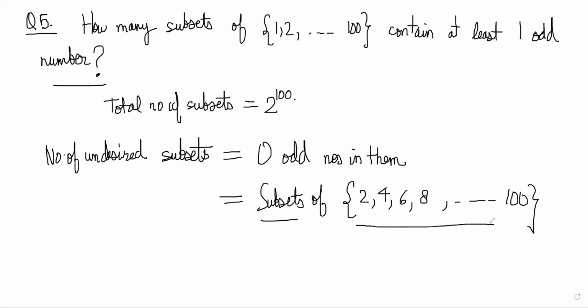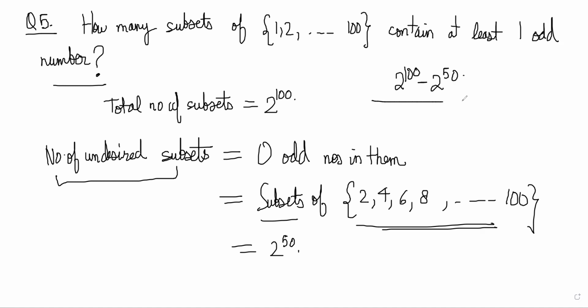The subsets of this big set, the set of all the even numbers in the universal set, will be the undesired subsets, right? We don't want these subsets because they don't have any odd numbers. And the subsets of this will be 2 power 50. So the actual answer by complementary counting is 2 power 100 minus 2 power 50. That becomes our answer. So this is a very simple application of complementary counting. You should be aware of this technique, right? Let's look at the next problem.